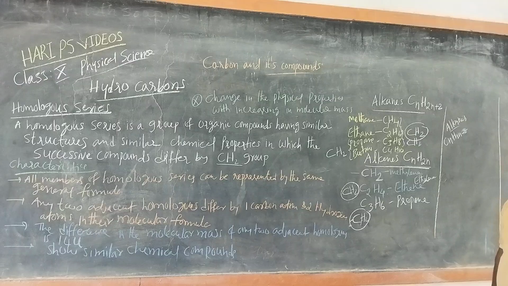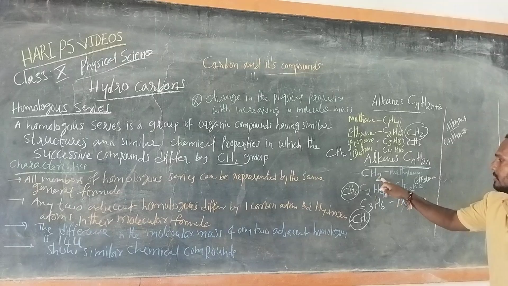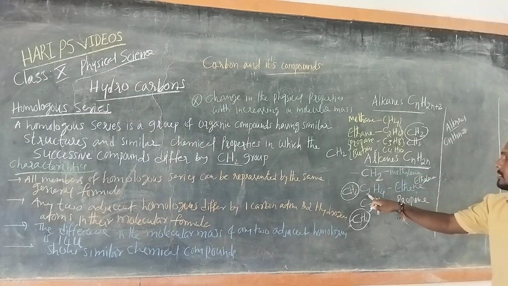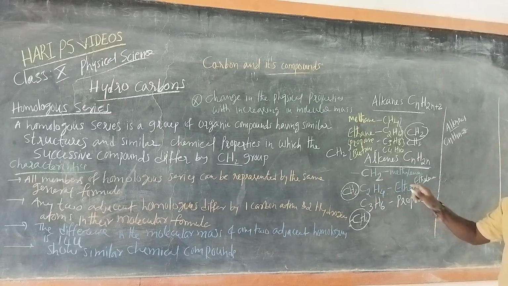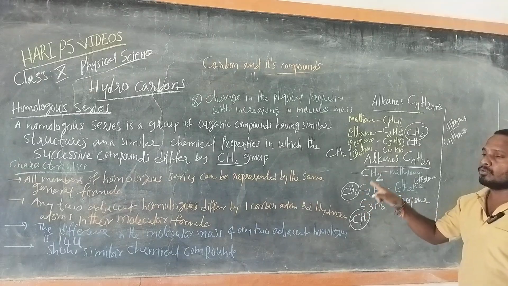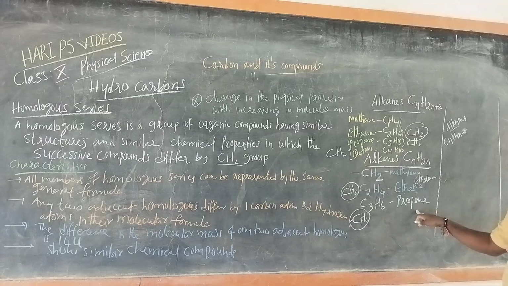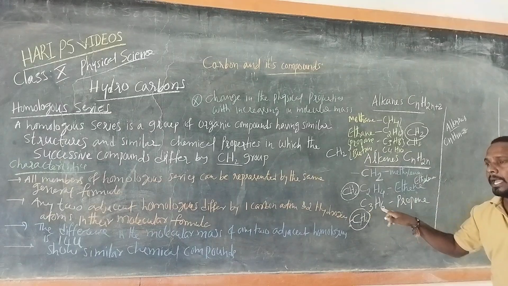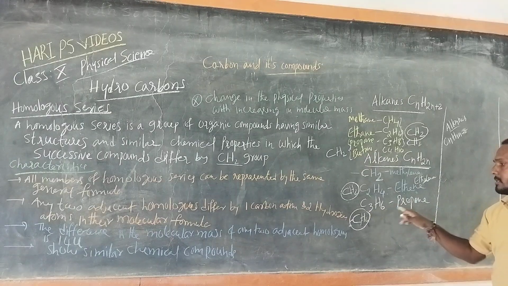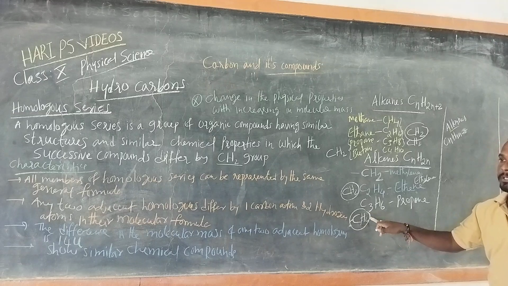In this way, 1 carbon atom and 2 hydrogen atoms differ in their molecular formula. Methylene CH2, ethylene C2H4, which has 1 carbon atom and 2 hydrogen atoms more than methylene. Similarly, propene C3H6 has 1 carbon atom and 2 hydrogen atoms more when compared with ethene.